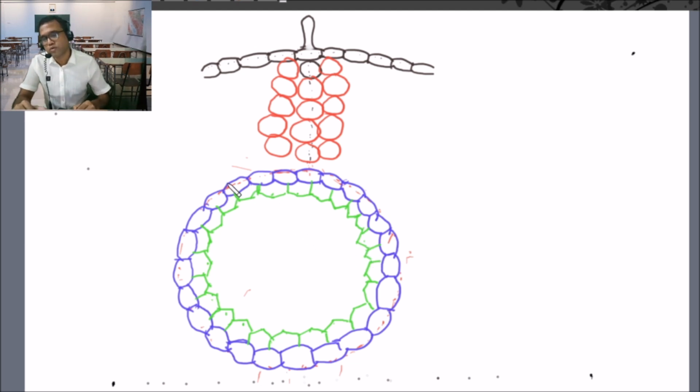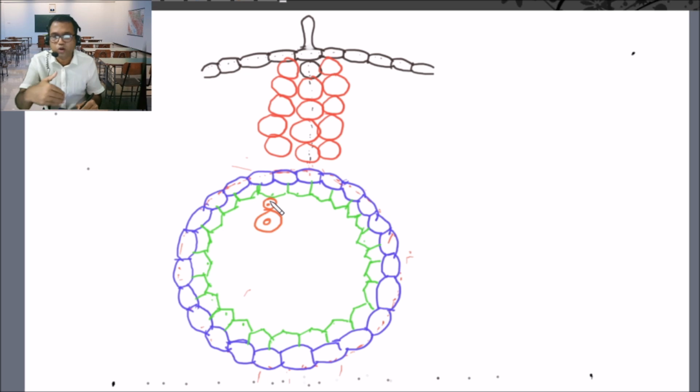Now we have to draw xylem. We know that the arrangement of this xylem is exarch type, that means protoxylem remains in the outer portion and metaxylem remains towards the center. So at first we have to draw the protoxylem and after that we have to draw metaxylem.